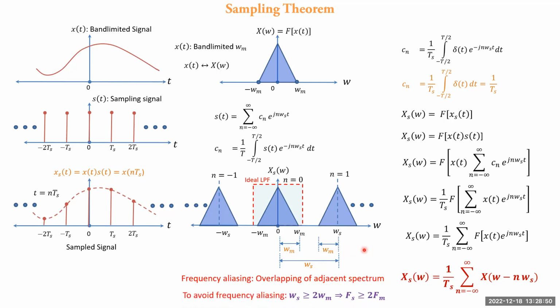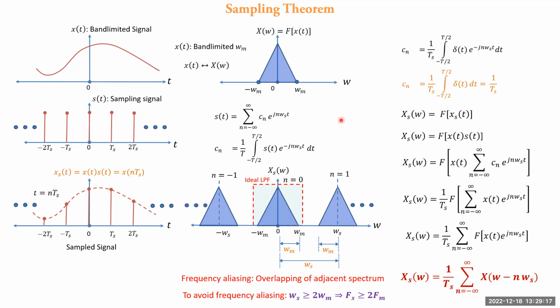And when you convert omega into linear frequency, it gives fs should be greater than or equal to twice fm. And that is the proof of the sampling theorem. So any band limited signal can be recovered from its sampled version if and only if the sampling frequency is greater than or equal to twice the maximum frequency of the analog signal.